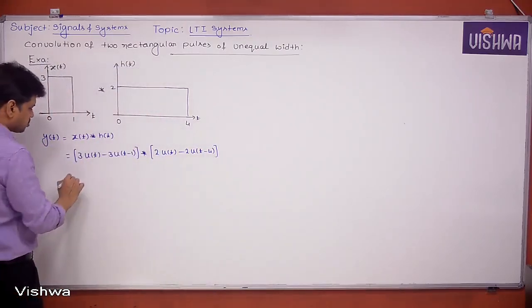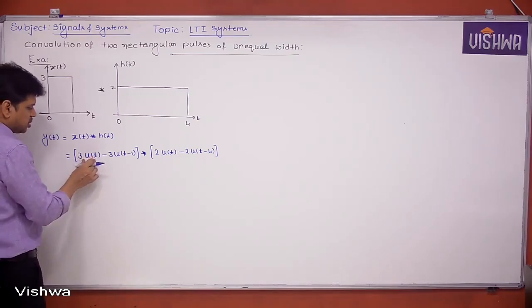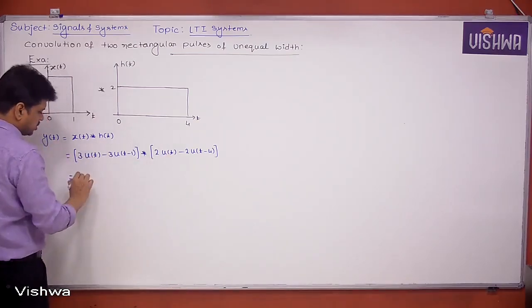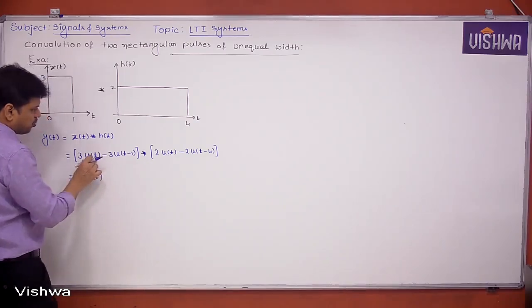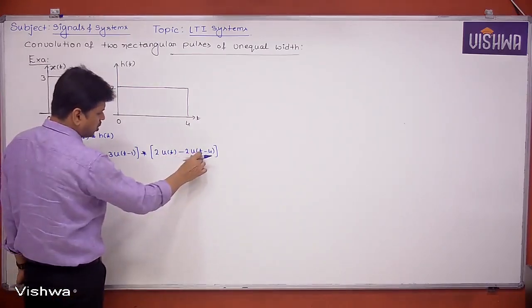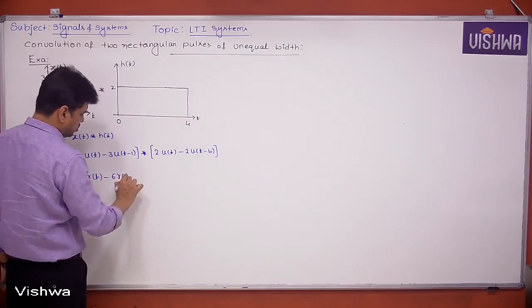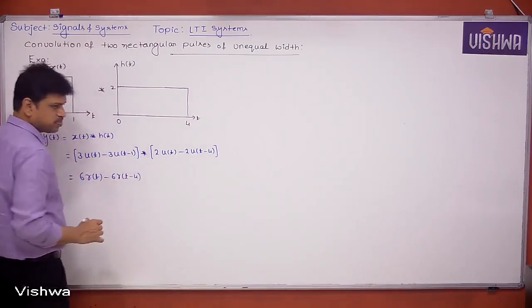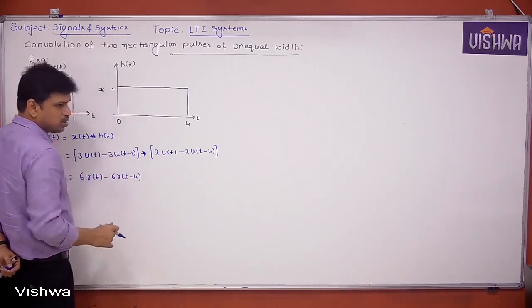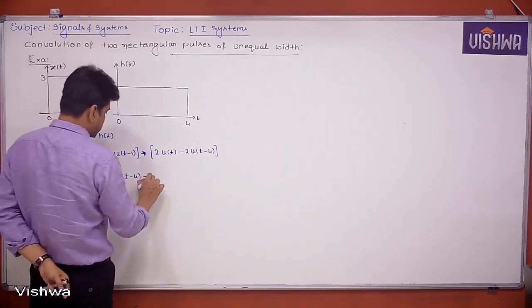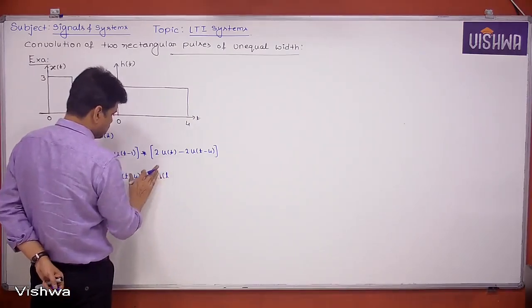Because of the distributive property, I can go term by term. 3u of t with 2u of t gives 6r of t. 3u of t with minus 2u of t minus 4 gives minus 6r of t minus 4. Next, minus 3u of t minus 1 with 2u of t gives minus 6r of t minus 1.